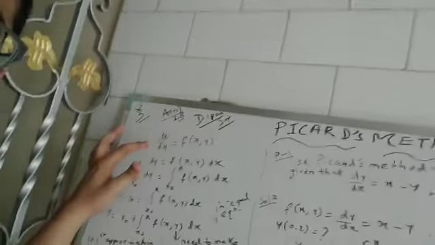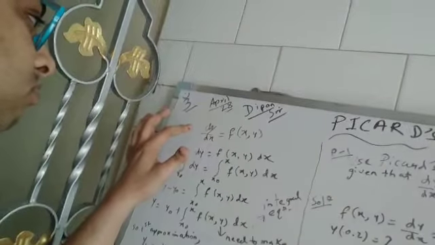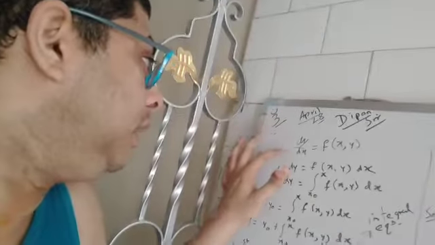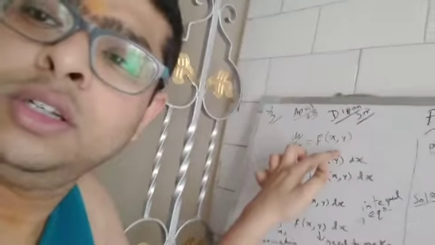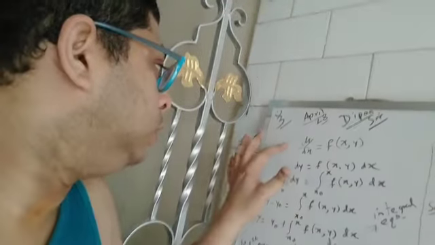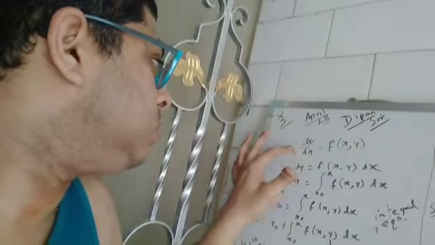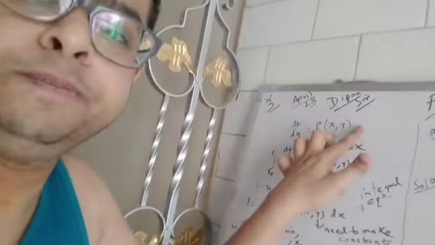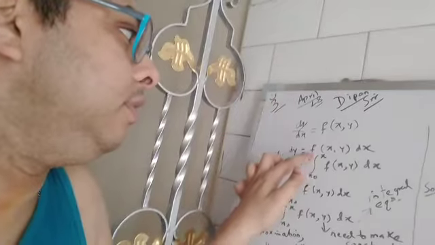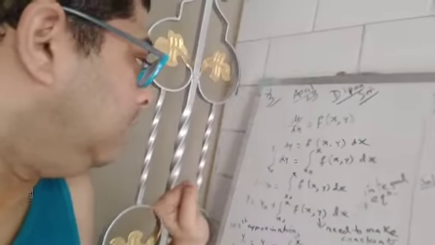So this is basically any arbitrary ODE, dy/dx equals some function of x and y. What we can do is write the dx here, so dy can be written as f dx, right?